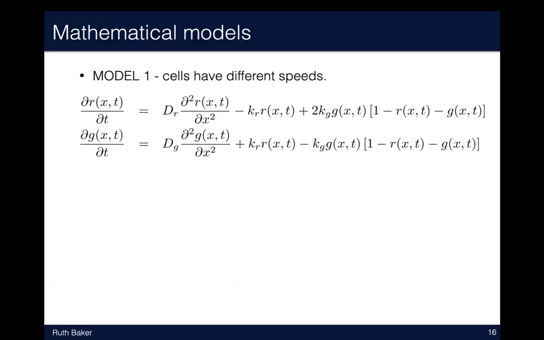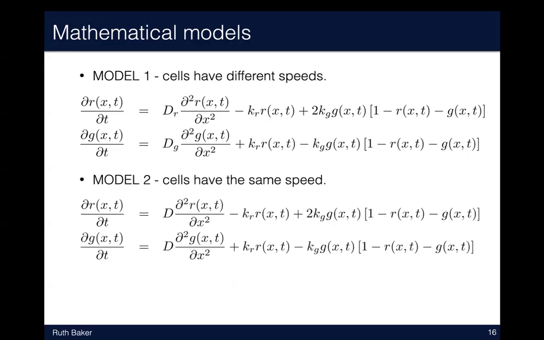But the question is really, can I motivate having this model for that data where the cells have different speeds, or should I actually stick to a simpler model for this data set where the cells essentially move at the same rate or have the same diffusion coefficients, no matter what phase of the cell cycle they're in? So really, the question is, are both of those models identifiable practically, given these data?